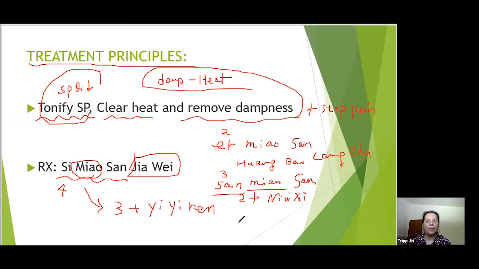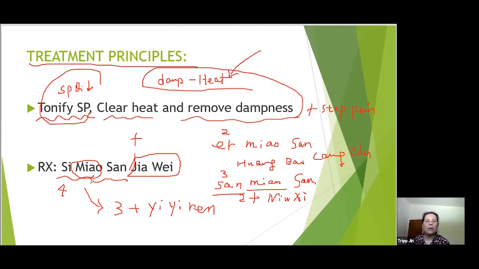So that's a pretty commonly used formula for different kinds of damp heat conditions. We can use 二妙散, 三妙散, or even 四妙散. That's the original form. Certainly we need to modify from there, because these formulas basically work for damp heat conditions.